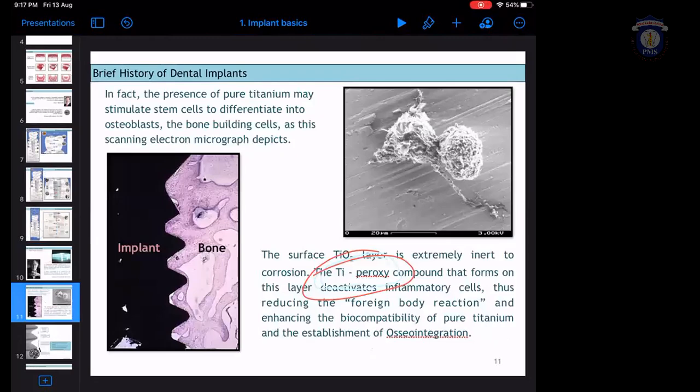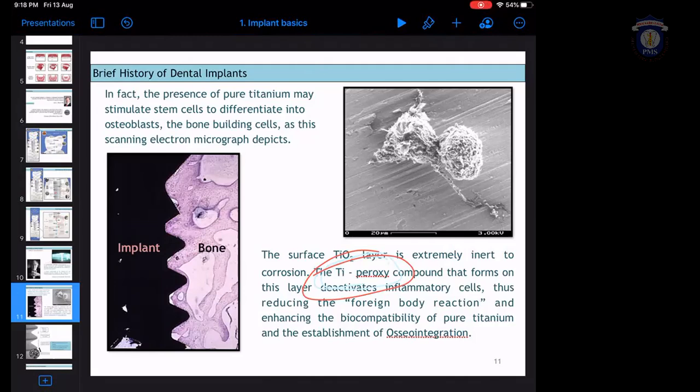Okay, so if we check into details, we can find that the surface of the titanium implant has its oxide, that is titanium dioxide, the titanium peroxide compound that forms on the layer of the implant, which can deactivate the inflammatory cells, thus reducing the foreign body reaction.